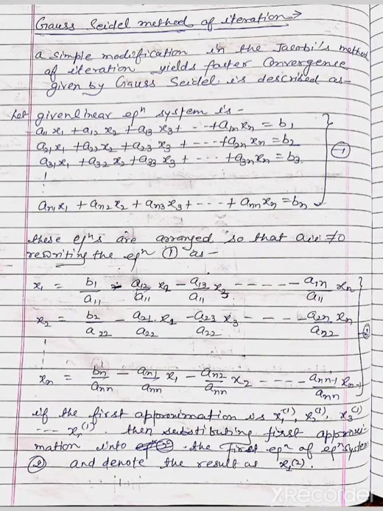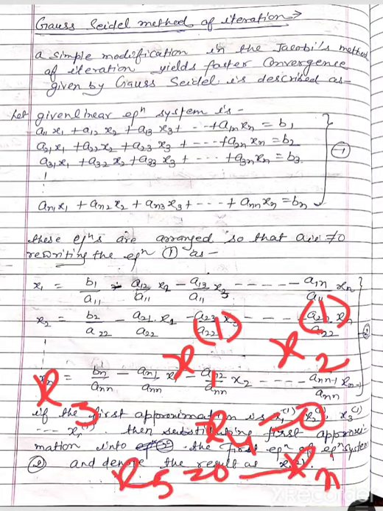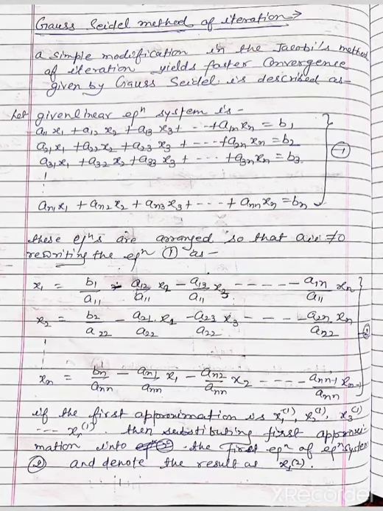For the first approximation for x3 we substitute the first approximated value of x1, the first approximated value of x2, and x4 equals 0, x5 equals 0 and so on, xn equals 0. In this way we get the first approximated value for x3. In similar manner we get all the first approximations.